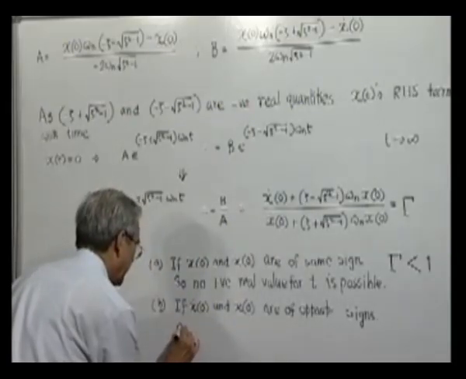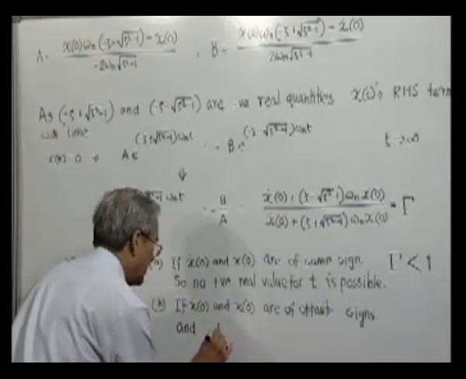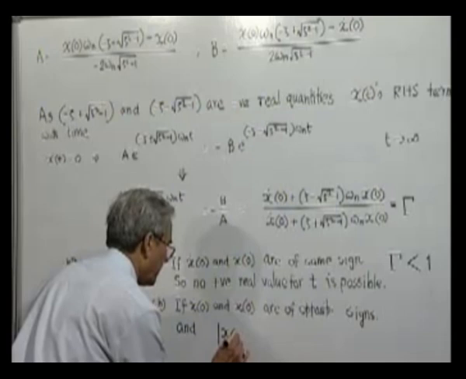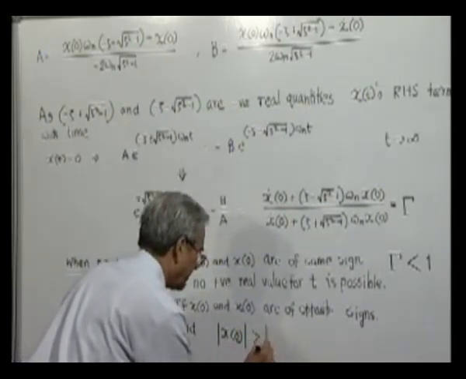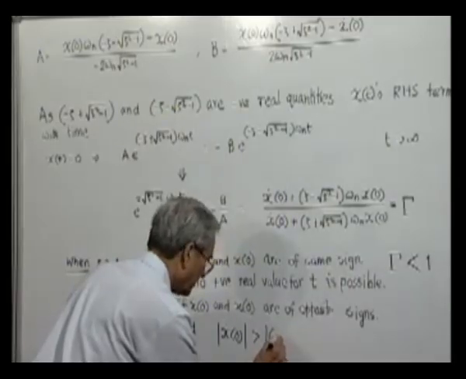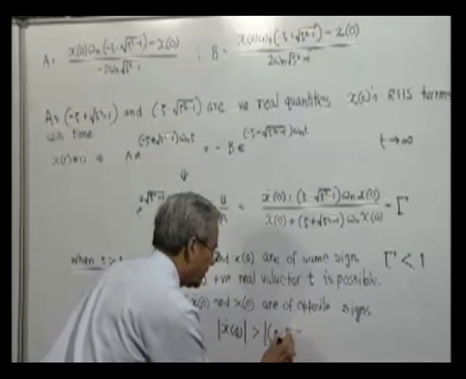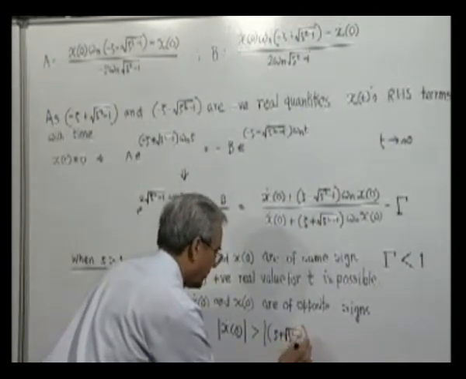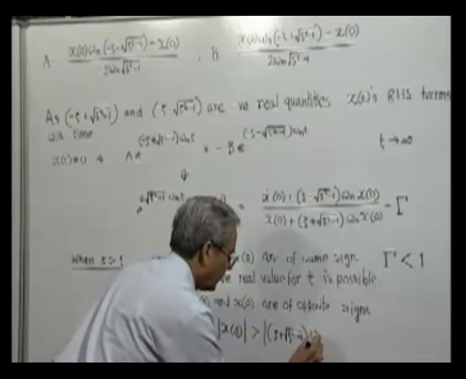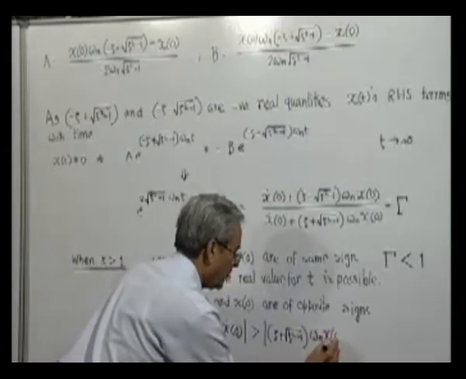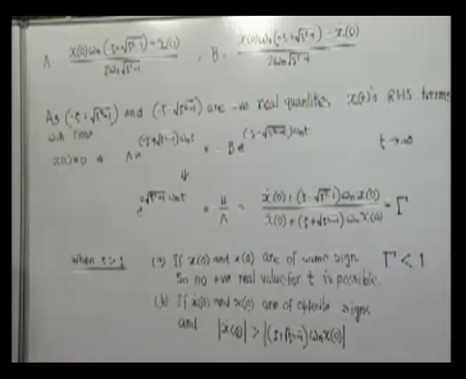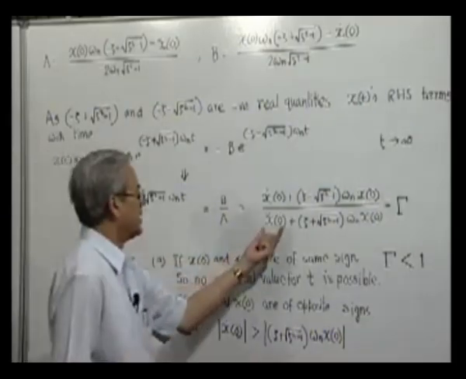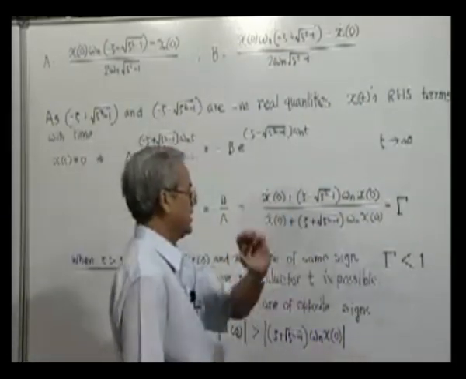if the magnitude of x dot 0 is more than the magnitude of this, then what happens? So that means the magnitude of this is more than the magnitude of this.